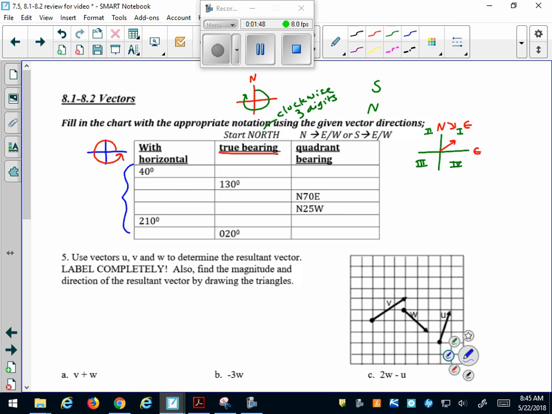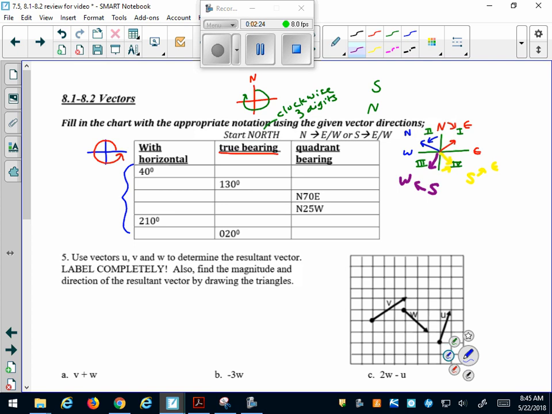If you have something in quadrant 2, you start north and then go slightly to the west. In quadrant 4, you start south and go slightly to the east. And in quadrant 3, you start south and go slightly to the west. Okay, so that's the way the quadrant bearings work.